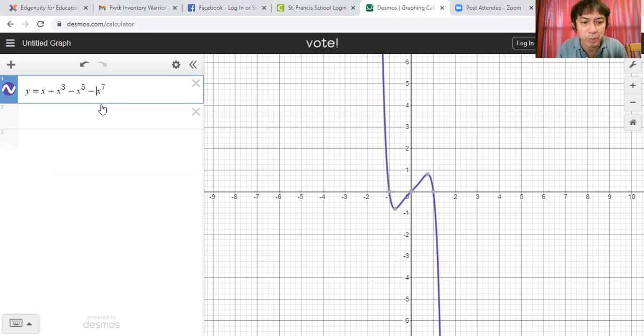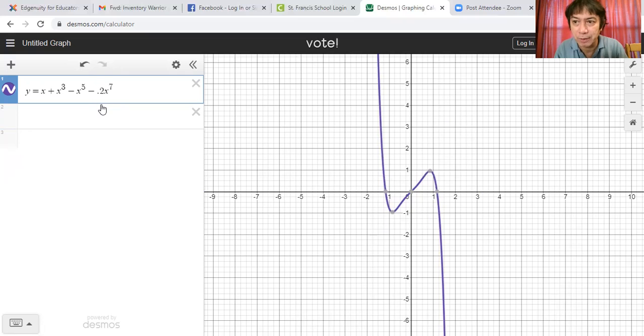You can even put some numbers there. It won't change the picture, and it won't change the rotational symmetry. It is symmetric with the origin. So if you use odd numbers as exponents of the variable x, you will have rotational symmetry. It is called rotational symmetry because if you rotate this about 180 degrees, it will go back to the same appearance. So this is the nature of an odd function.